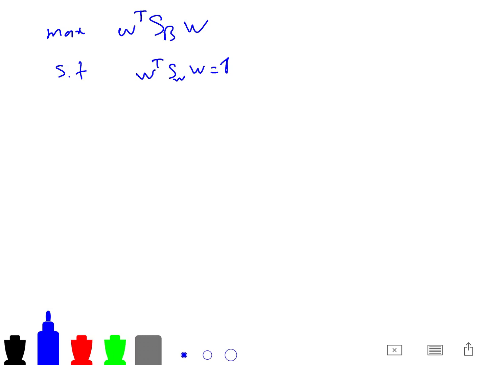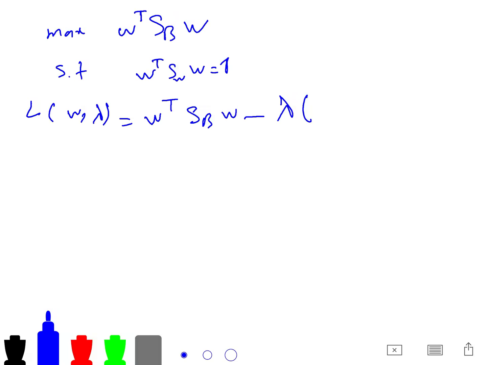So your Lagrangian is so easy. You write omega transpose SB omega, and your Lagrange multiplier is lambda because it's an equality constraint.